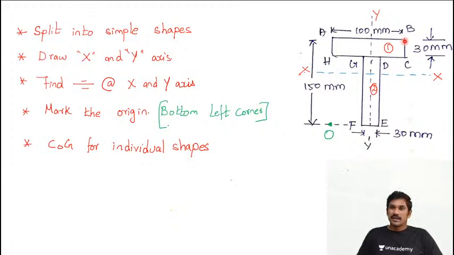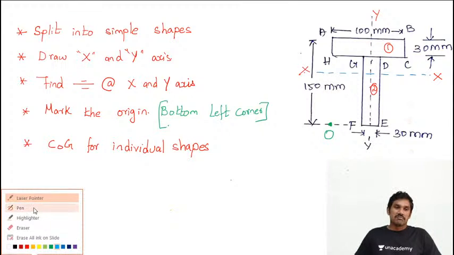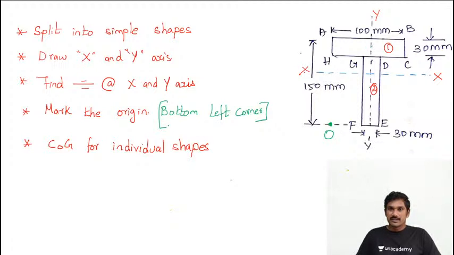How to find it? Either connect the diagonals, and you will get the center of gravity, or from the length draw a midline, and from the breadth draw a midline. Based on these two methods, you can find the CG here.